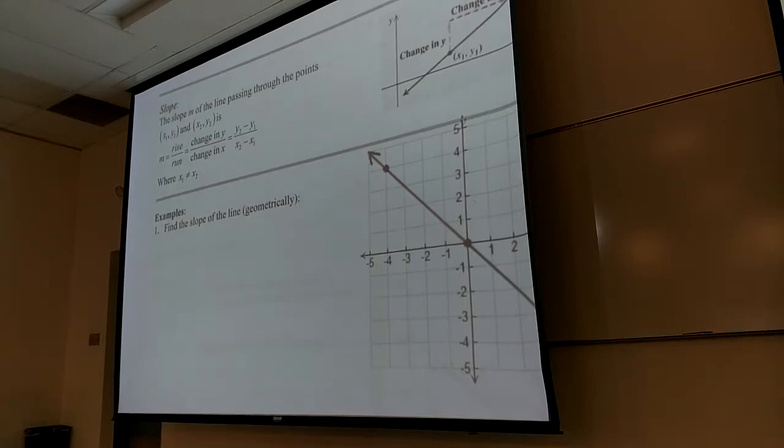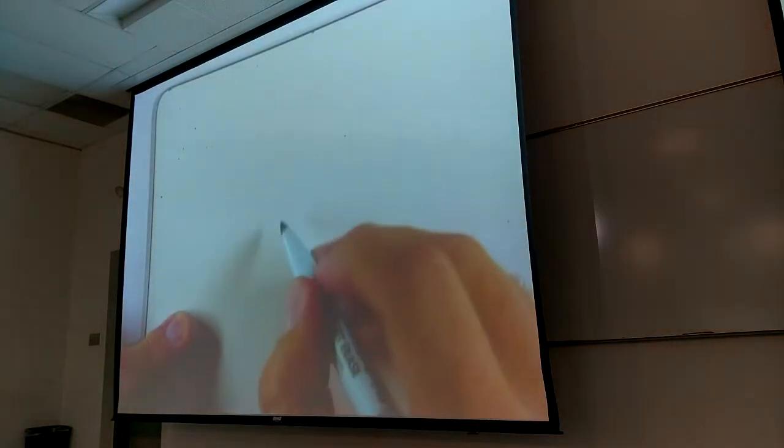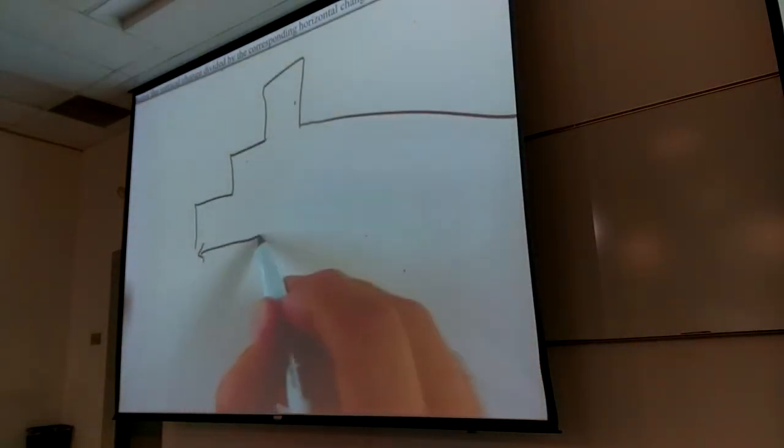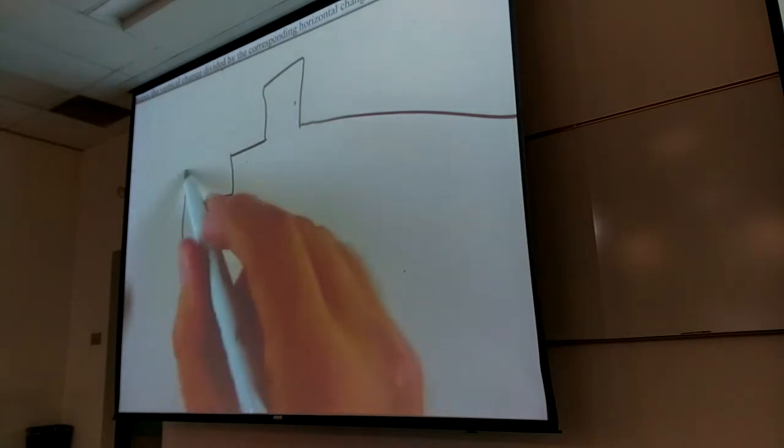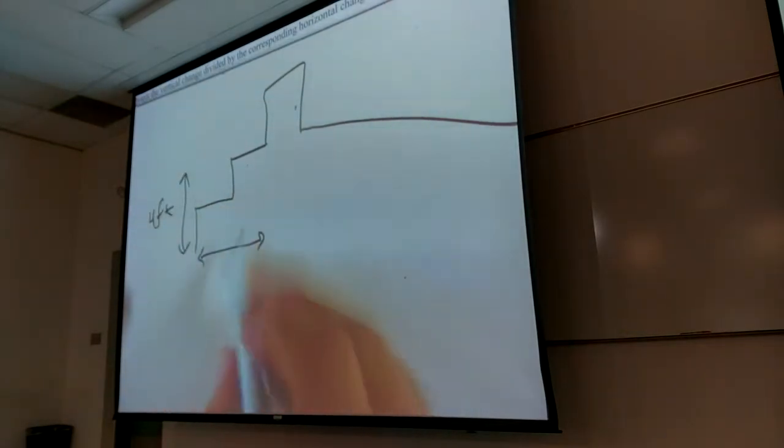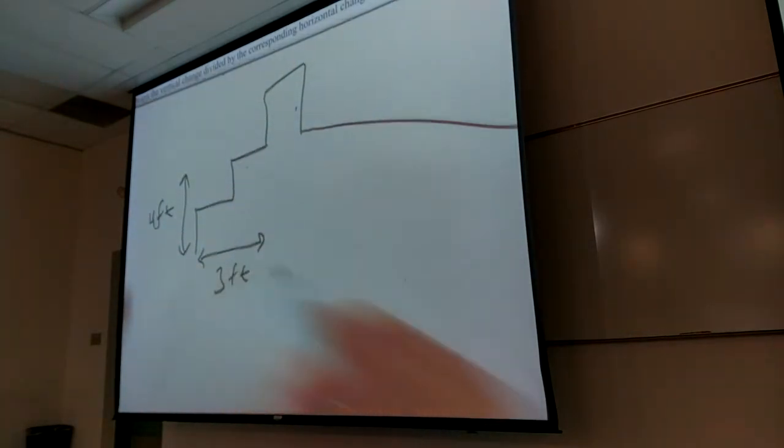So a handicap ramp is trying to do the same thing. Instead of going up these steps that go up in very little time, ramps go up the same amount over a much longer time. So for example, I get to try this out. So if I have stairs leading up to a little door versus a ramp on the other side, let's say this is 4 feet and 3 feet.